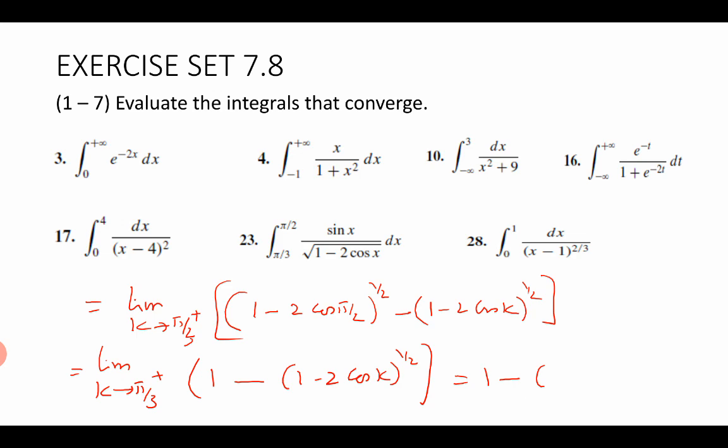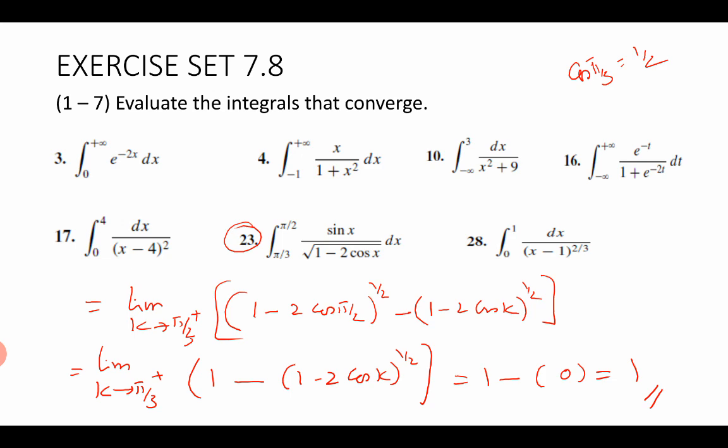The integration of u power negative half is u power half over half, and the limits of u will be from k to pi by 2, and we have to replace the value of u, which is 1 minus 2 cosine x.